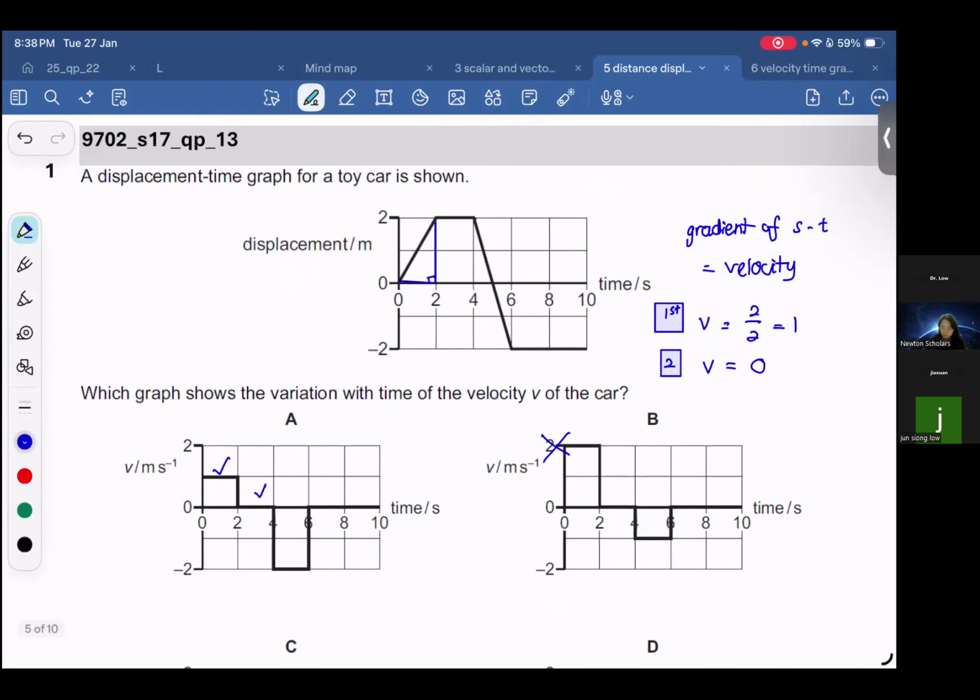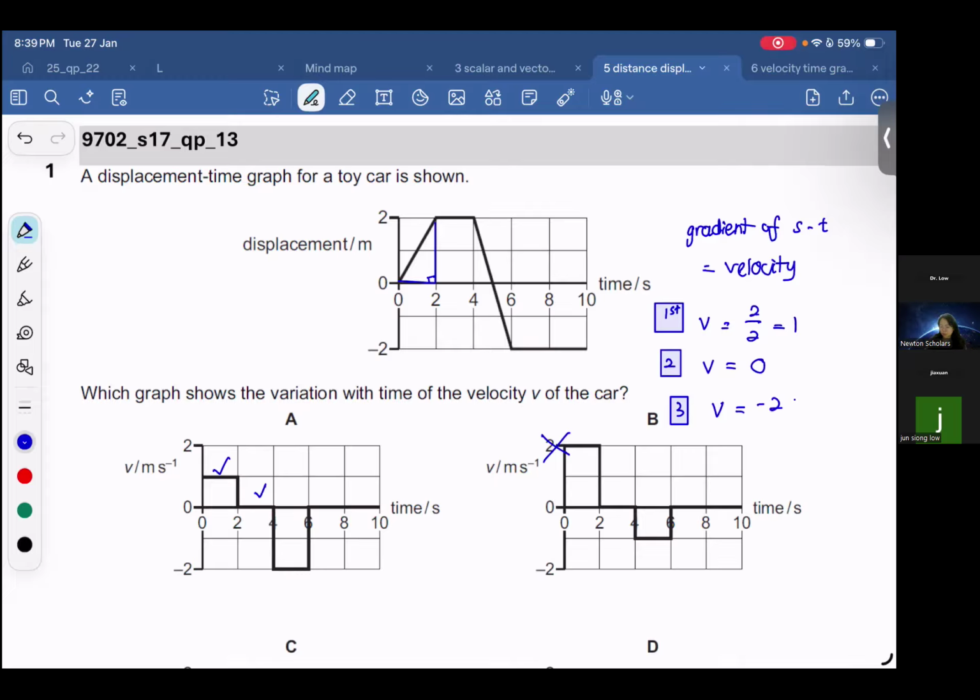Okay, then we look at this. From 4 second to 6 second, what is your velocity? What is your gradient? Jiaxuan, are you able to follow? -2.